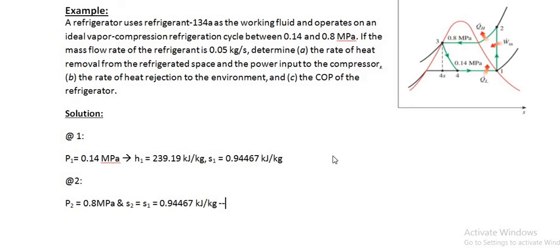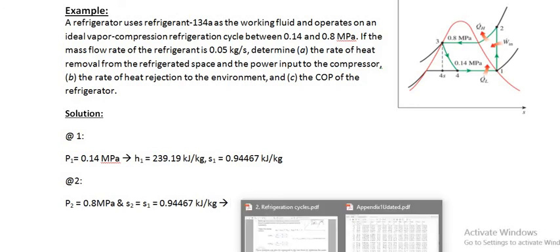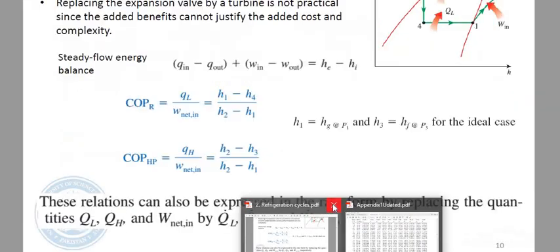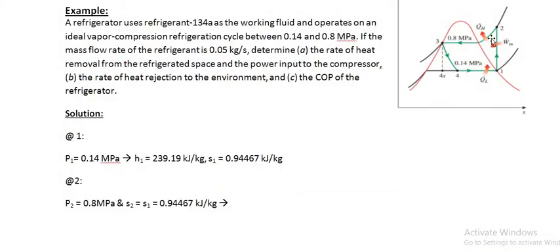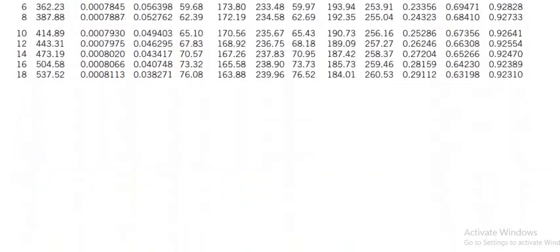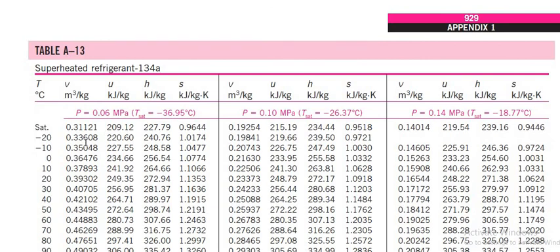Okay, so using these two inputs, we'll go to the property table. Another thing here: since in this case we have a superheated vapor state, we'll go to the superheated vapor table. This is saturated refrigerant, superheated, yeah, here we go.